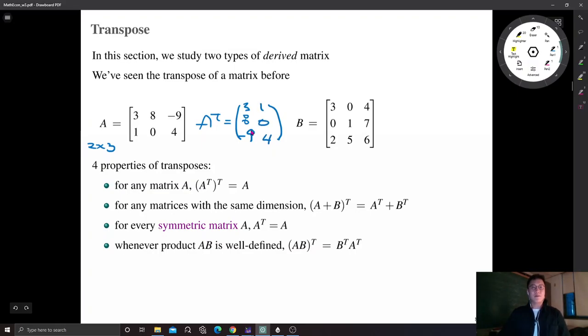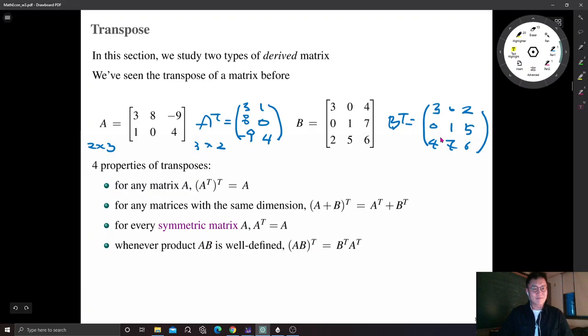As a consequence, the transpose becomes a 3 by 2 matrix. And here is a matrix B, given as 3 by 3. Then B's transpose has 3, 0, 2 as the first row, then 0, 1, 5, and 4, 7, 6. So each column becomes a row in the transpose.